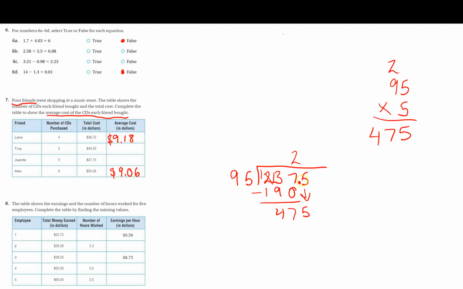Okay, so bringing my decimal straight up, that's 5 times 95, we already did that work, it's right here. 475, subtract gives us 0, so hours worked 2.5. Okay, I'm going to erase my work again, I don't want you to. You have unlimited space.